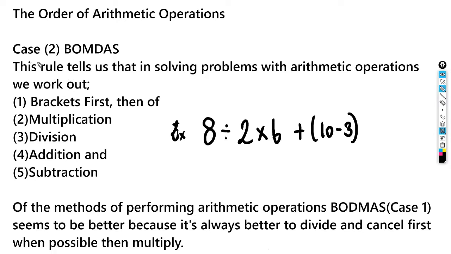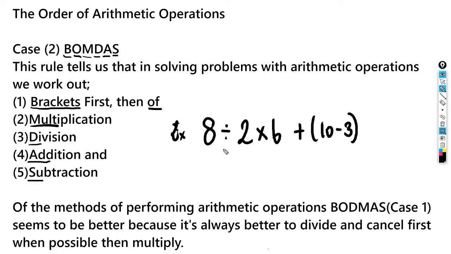In this case, it says the rule tells us that in solving problems with arithmetic operations, we work out brackets first, which is the B, then multiplication, which is the M, division, which is the D, addition, which is the A, and subtraction, which is the S. We're going to use this set of rules instead of the other set to solve this question.